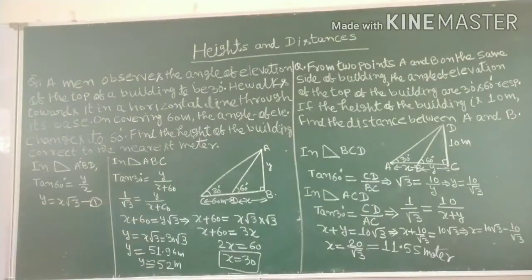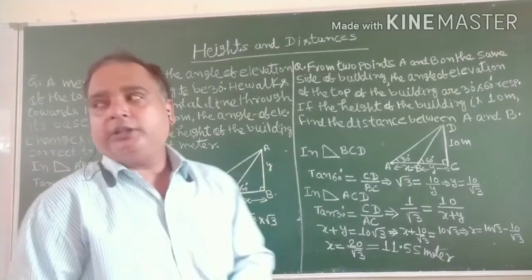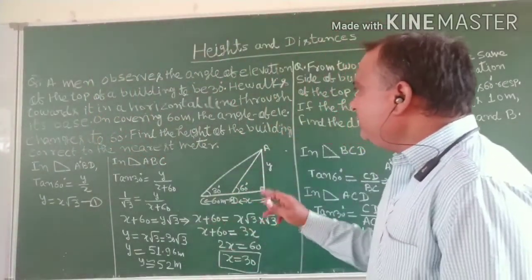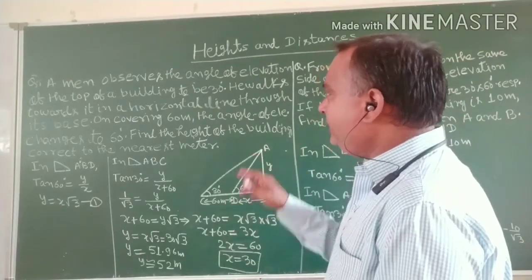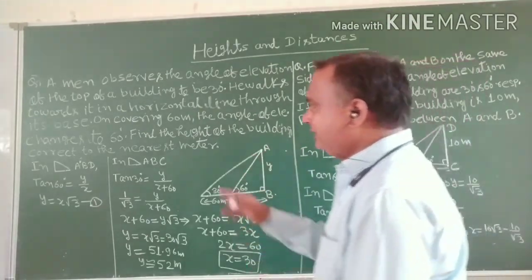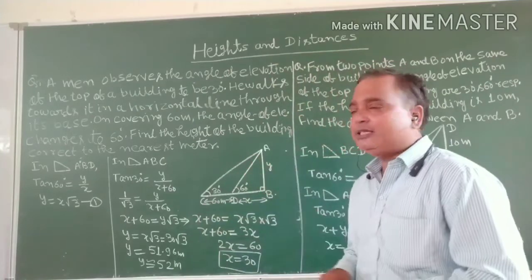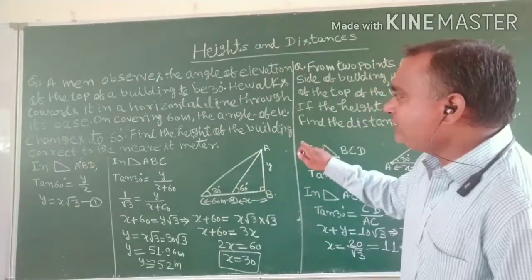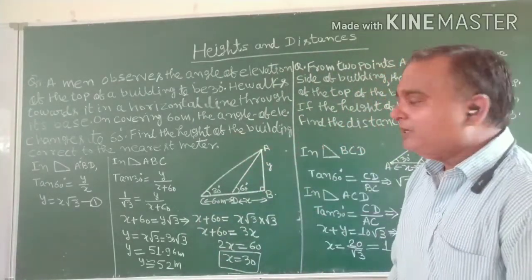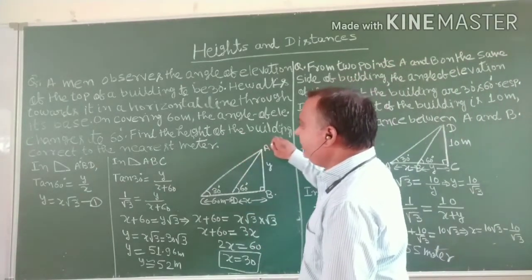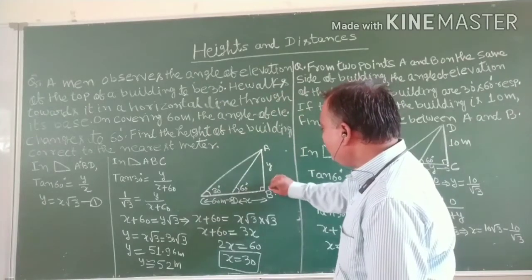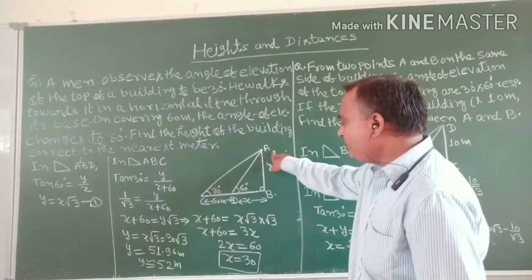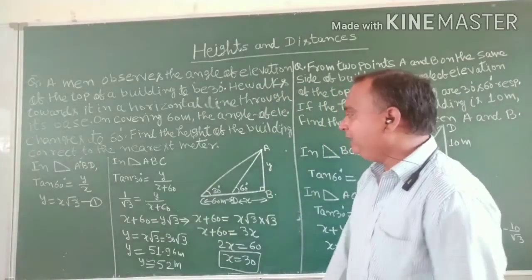Now the next question is, a man observed the angle of elevation of the top of a building to be 30 degree. He walked toward it in a horizontal line through its base. On covering 60 meter, the angle of elevation changed to 60 degree. Find the height of the building correct to the nearest meter. Let AB is a building where A is the top and B is the foot of the building.